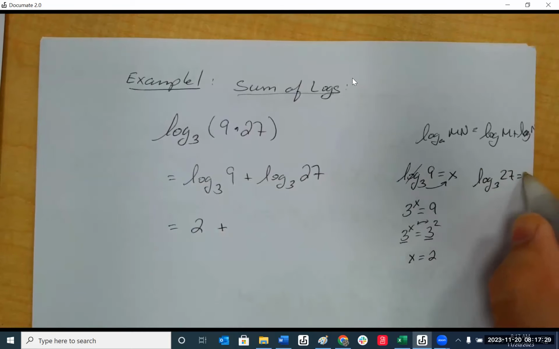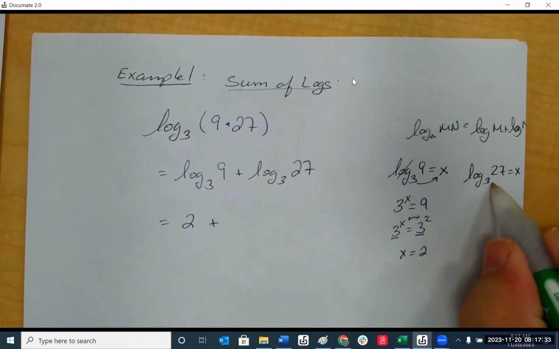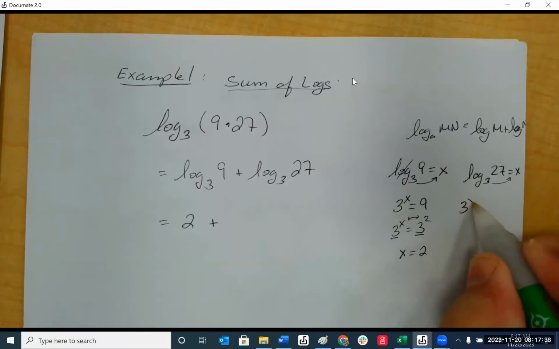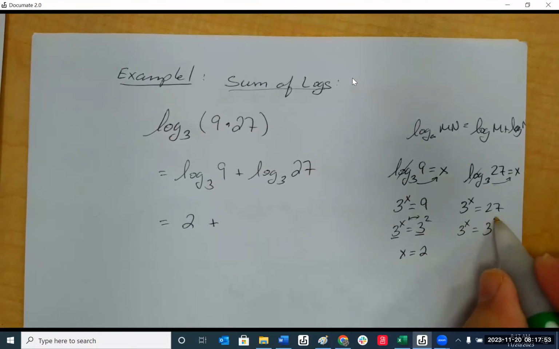Log base 3 of 27 equals some number. Same thing, convert it to exponentials. The 3 pushes up the x, the log drops off, equals 27. 27 is 9 times 3. 9 is 3 squared. So this is 3 times 3 times 3.